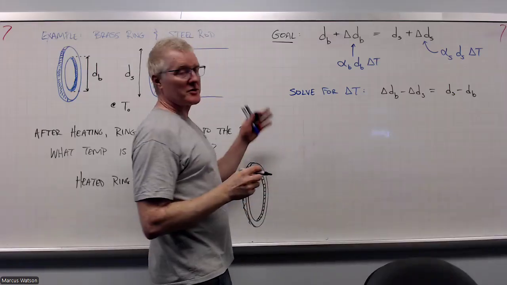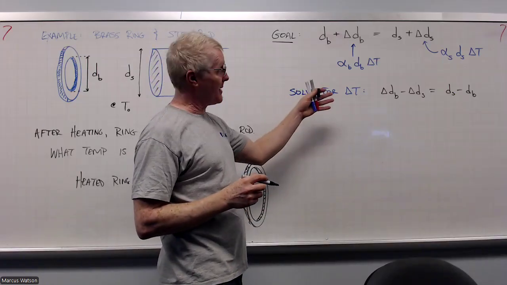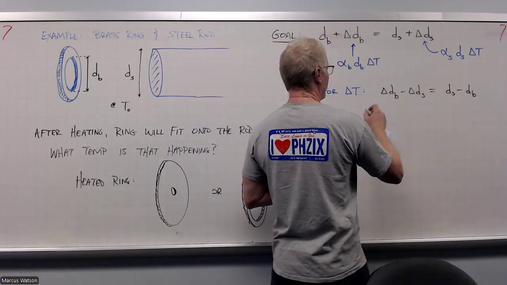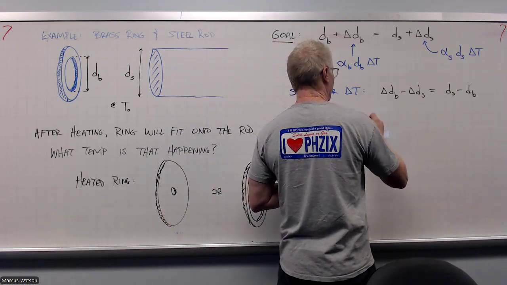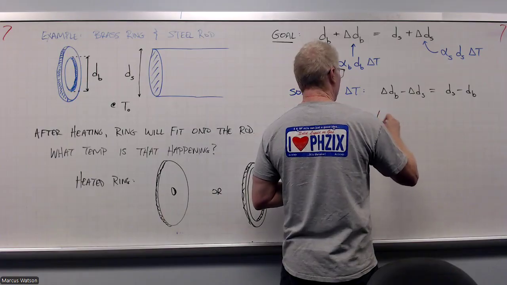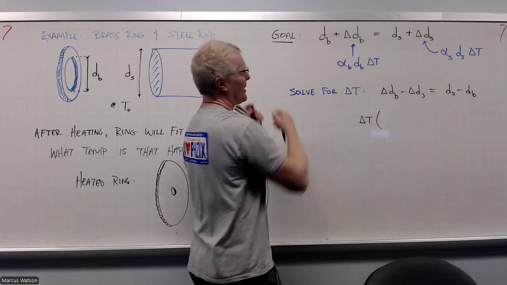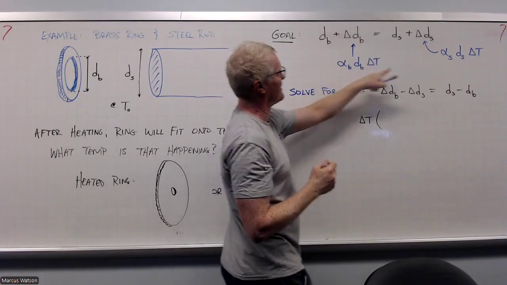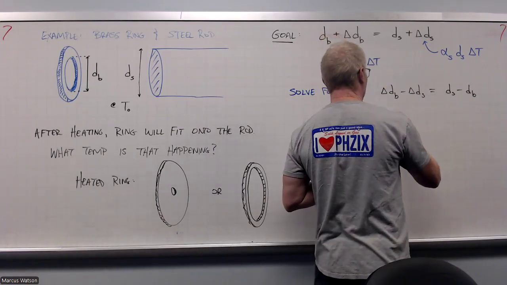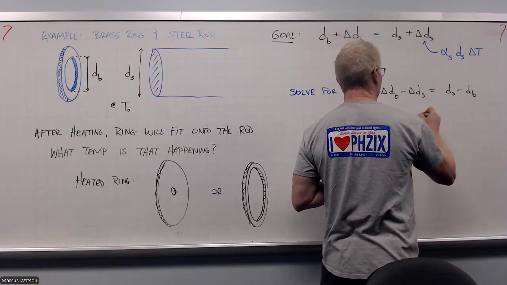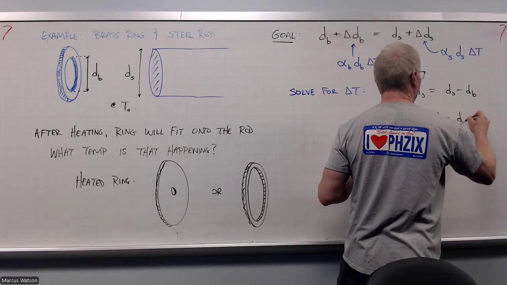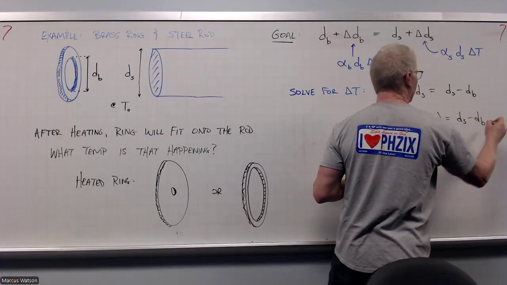And for each one of those delta changes in the diameter, I'm going to put in the expression that I have for them here, and I'm going to factor out the delta t. All right, so my delta t, from both of those things, I can just pull out to the front of this expression here, and then I'm going to get the difference in the first 2 things, brass diameter minus steel diameter, and that's going to equal steel minus brass, like so.